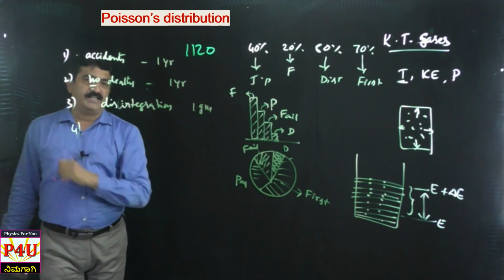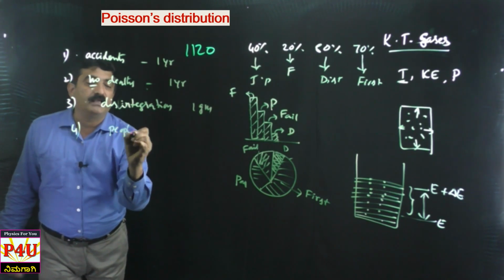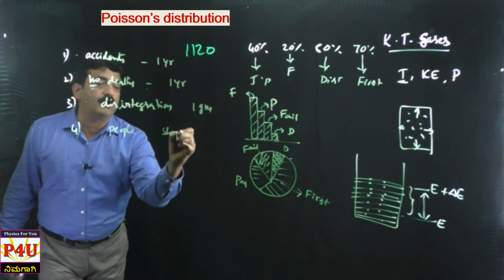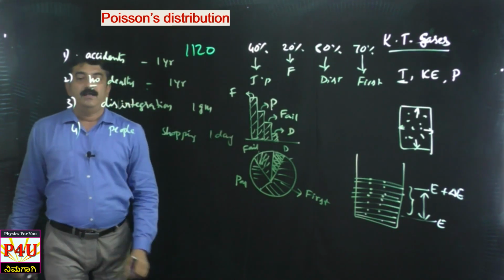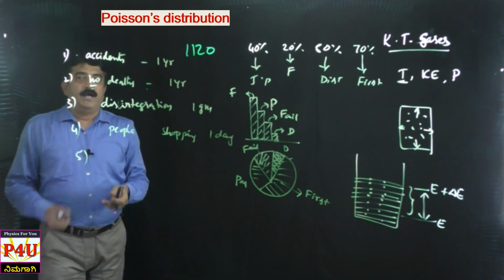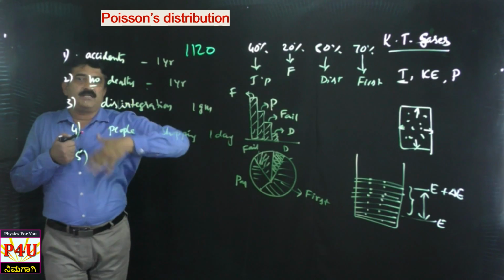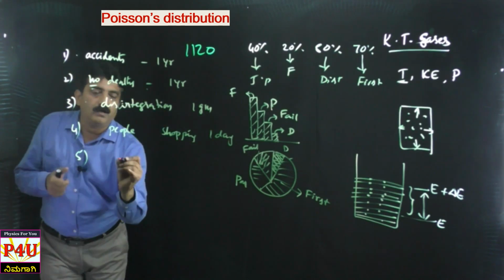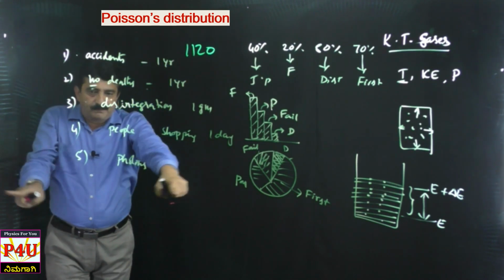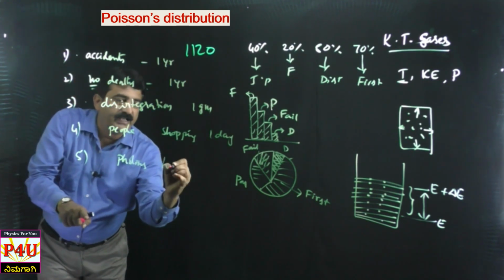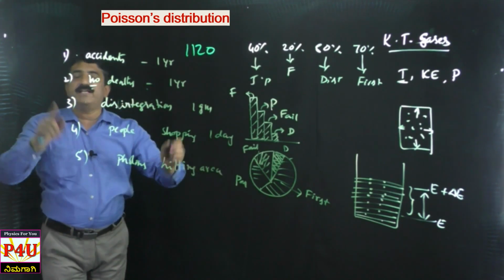Or next example, number of people visiting a particular shopping mall in 1 day. Next example, I shine the light. Assume that light is a stream of tiny particles called photons. Number of photons hitting this particular area. Got it? So you can give many examples.